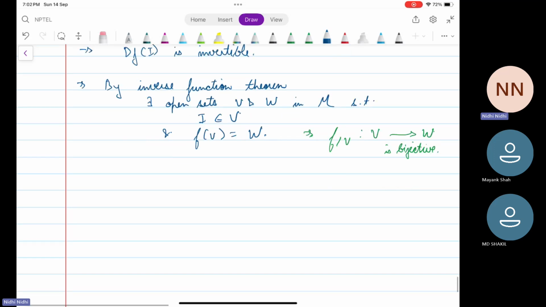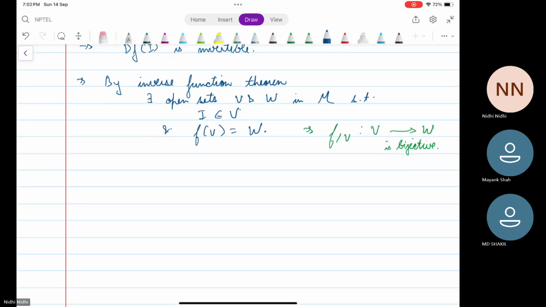And if we define a function G to be equal to the inverse of this F restricted to V, which is a map from W to V, then we know that G is also C1 by point 2.